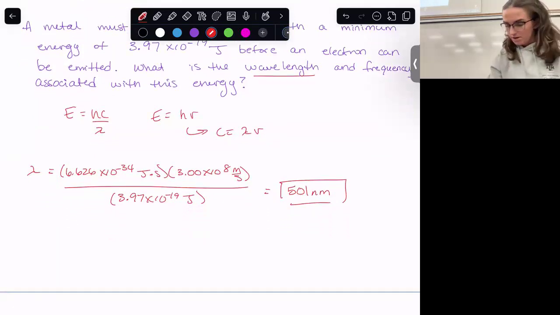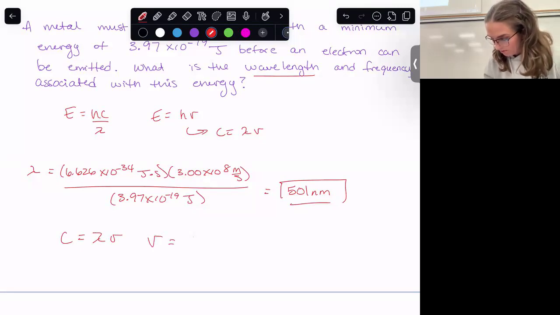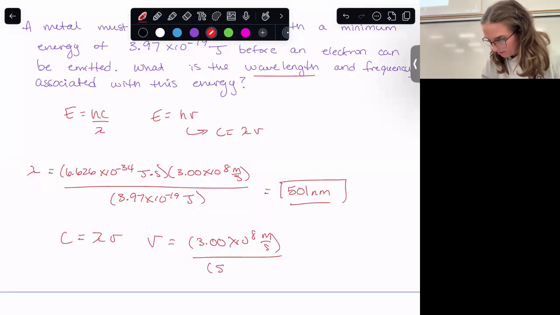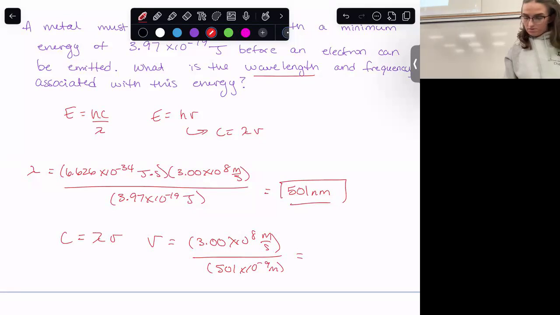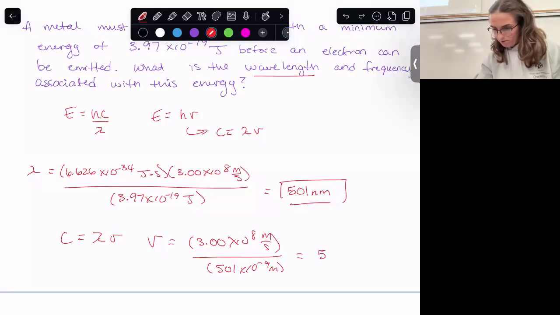Then we can use that lambda to find frequency. Frequency equals 3.00 times 10 to the 8th meters per second divided by what we just found, and this is pretty much 6.0 times 10 to the 14th hertz.